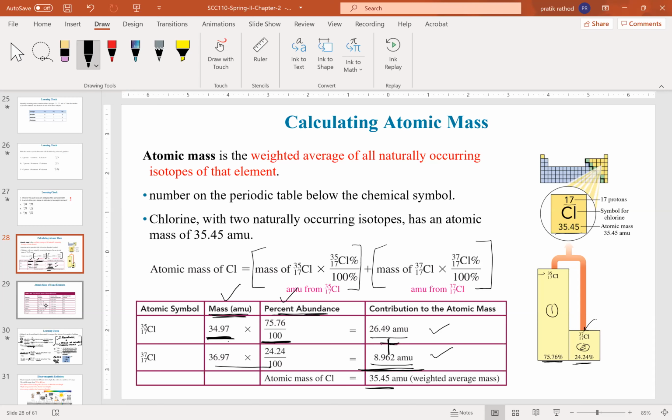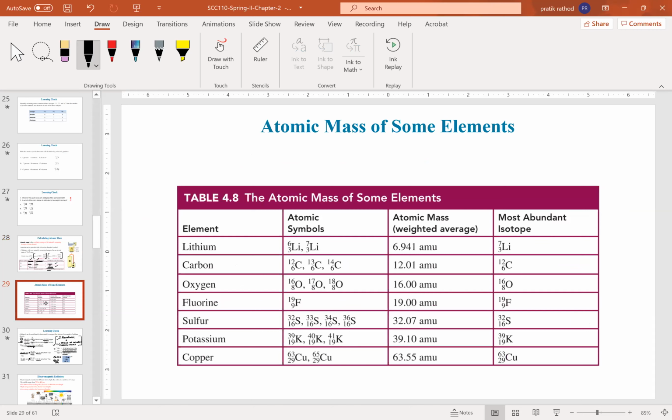Okay. And here, just to give you an idea, different elements, like lithium, carbon, oxygen, fluorine, sulfur, potassium, and copper, can have a different number of isotopes. For example, fluorine does not have any other isotope. It is just one isotope.